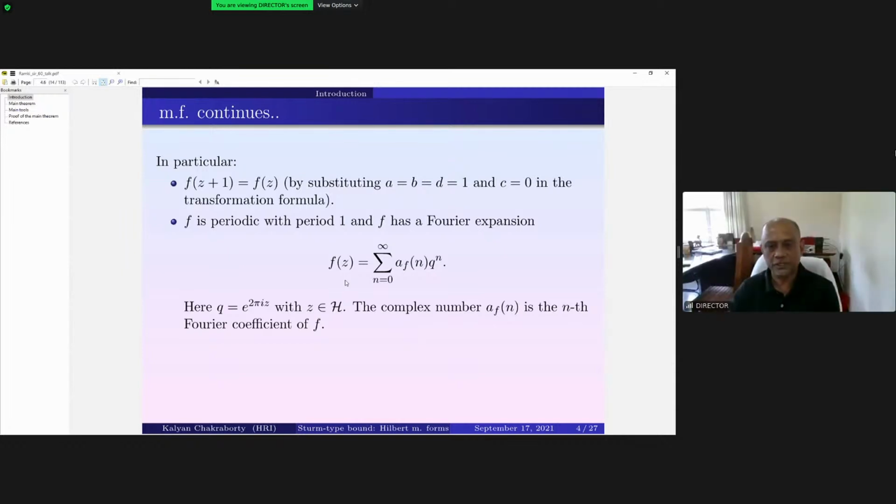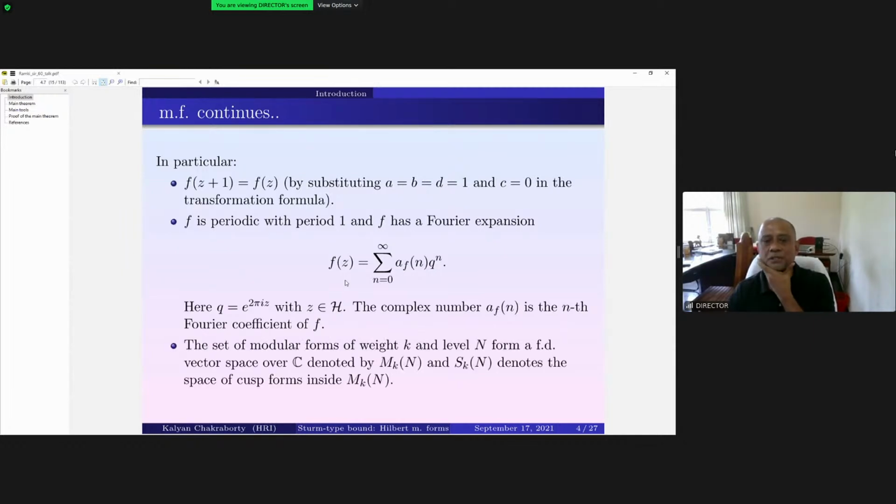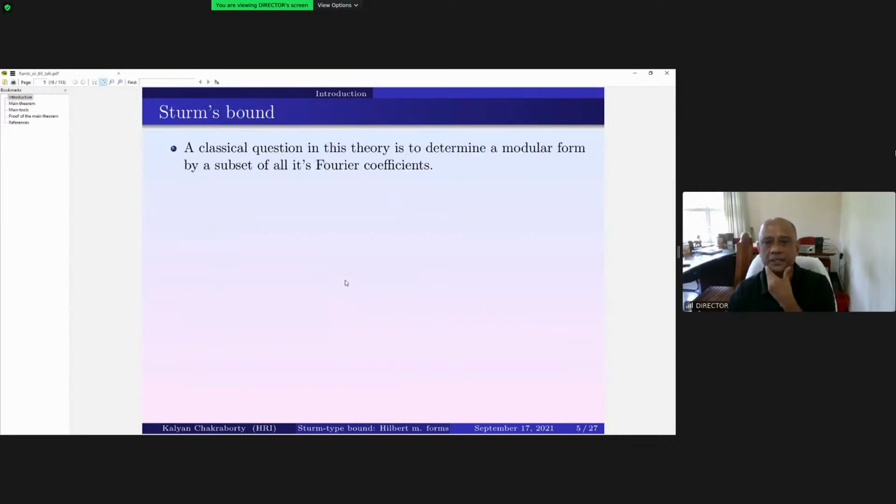So a_f(n) will be denoting the n-th Fourier coefficient of this form f, and we have M_k(N) and S_k(N) as usual. A classical question in this theory is to determine a modular form. I'll more specifically say what we mean by determination of a modular form by a subset of all these Fourier coefficients.